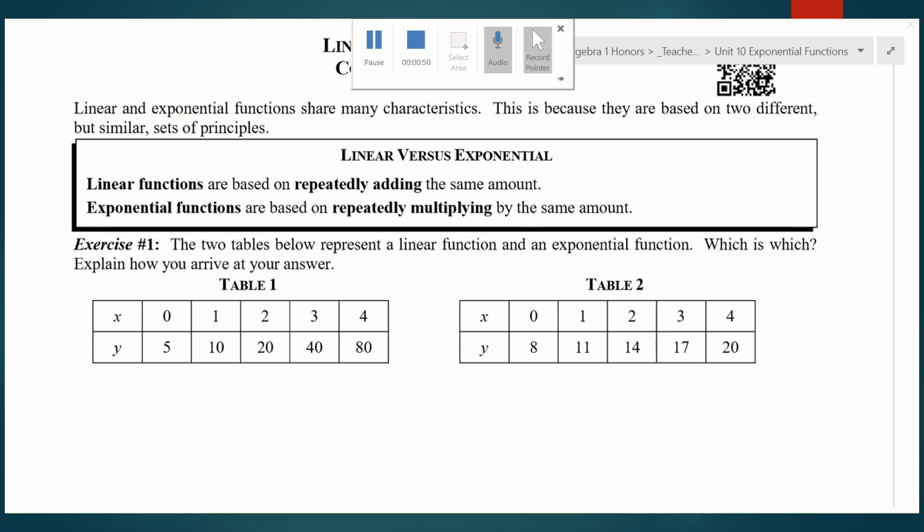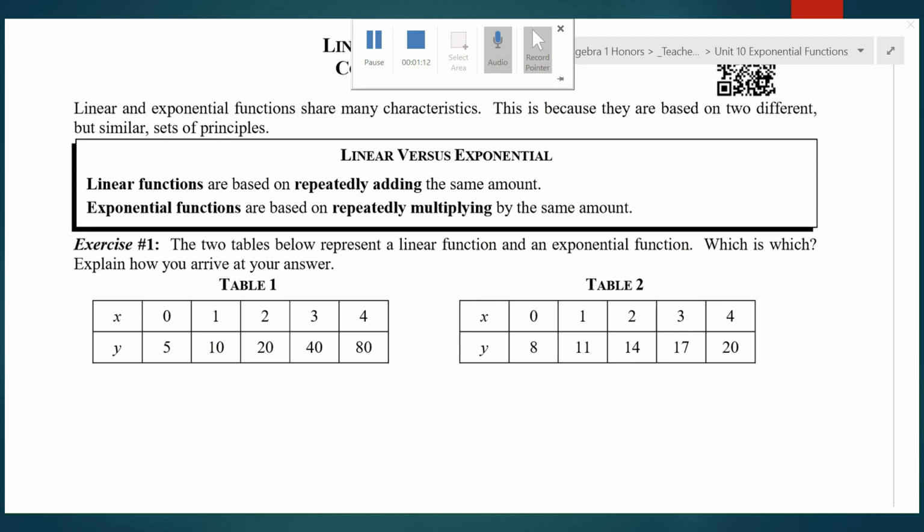That means it's increasing at a constant rate. Exponential functions are based on repeatedly multiplying by the same amount. Very similar concept. Instead of adding or subtracting every time, we're multiplying by something every time.